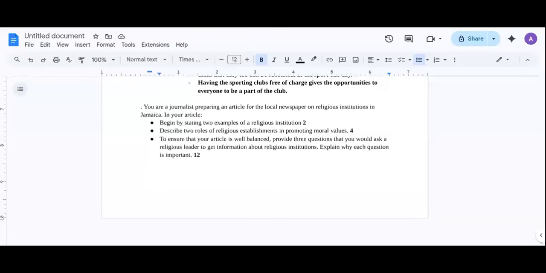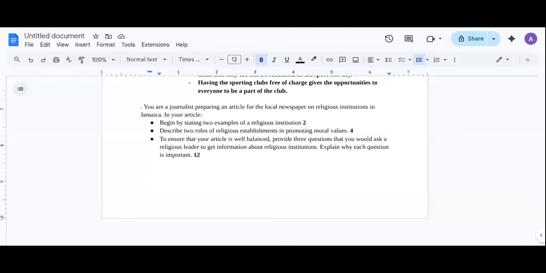To make sure the article is balanced, it is important to ask religious leaders some questions. One question could be, how does your institution help young people learn good values? This is important because... Just give us the three questions, not why each is important.